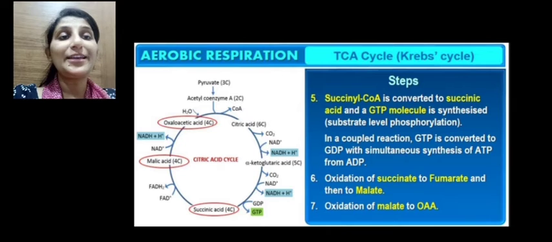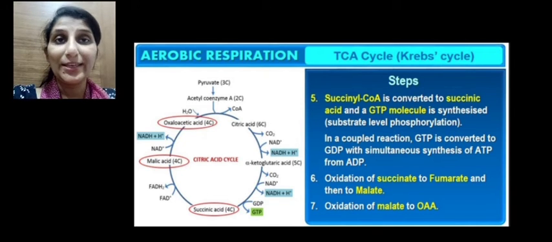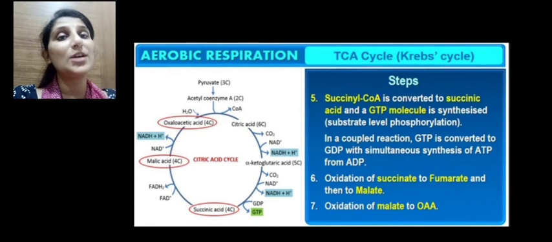And this alpha ketoglutaric acid combines with coenzyme A to form a 4-carbon atom compound called succinyl coenzyme A. And over here also a decarboxylation takes place, and thus the 5-carbon atom compound is converted to the 4-carbon atom succinyl coenzyme A.